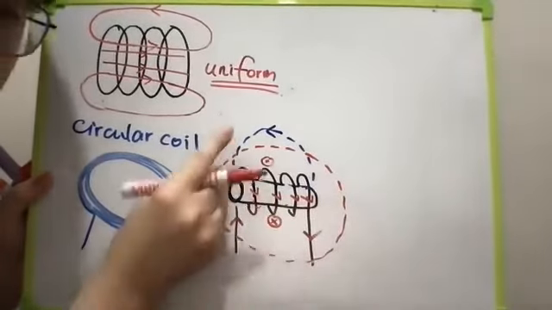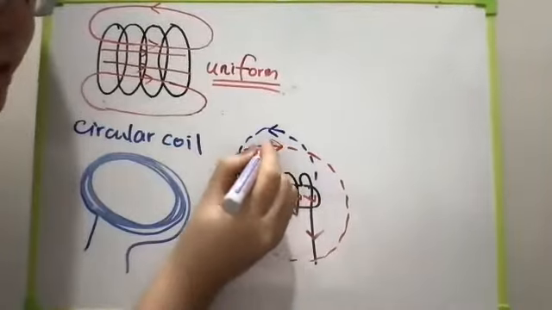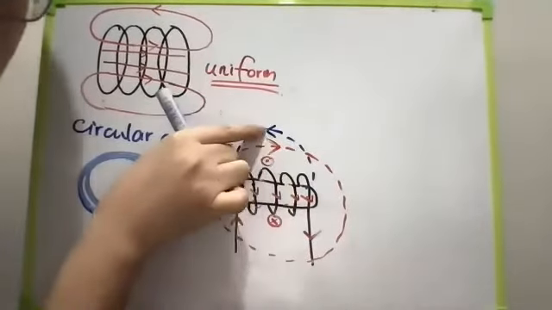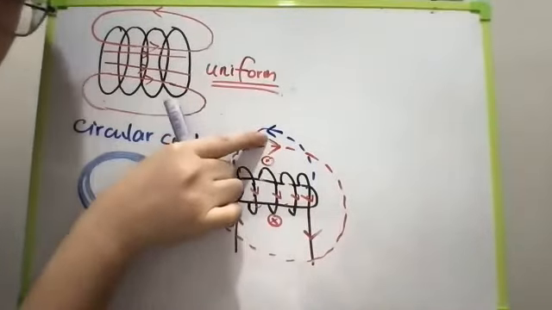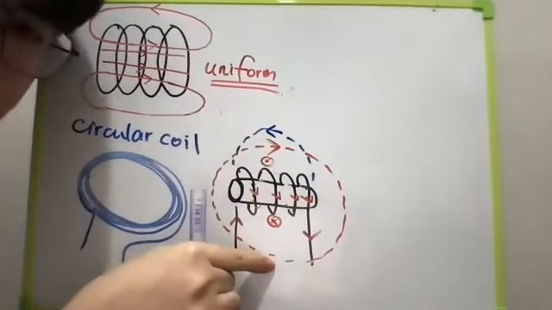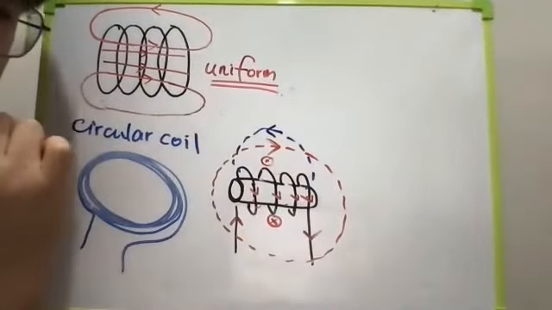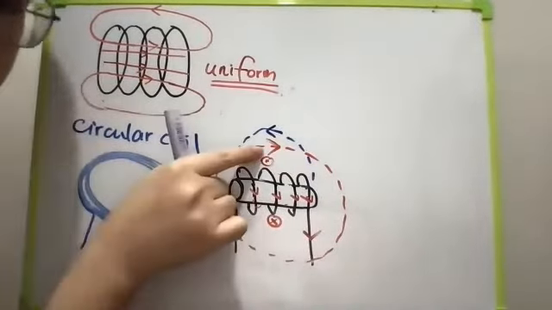If I draw it larger, what happens here? You can see that this magnetic field will cancel with this magnetic field. It happens here, it happens below, it happens at any point outside the solenoid. So what happens when it cancels?